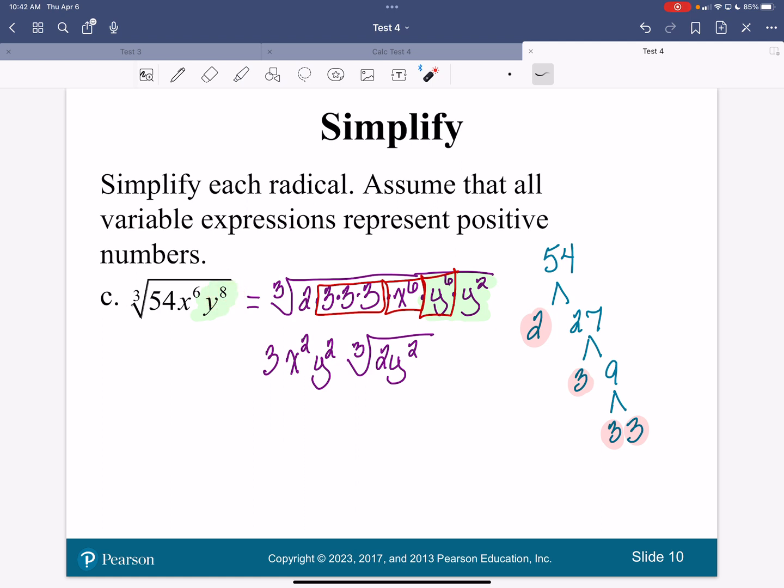So I did 6, and then because I knew that 6 could be divided by 3. Okay? Then once I got this right here, I had to figure out how many were left over. Okay? And that's how I got the y squared. So y to the 6th times y squared, that's how I got y to the 8th. Okay? That's a great question. Thank you. Okay?